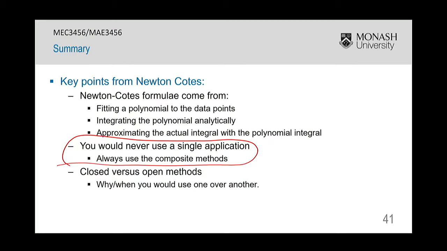You would always use the composite methods, and certainly if I say to use one of these methods, I will always mean the composite method, even if I do not say so. The other thing that you might want to remember is this idea of closed methods versus open methods, and when you might use open methods versus closed.